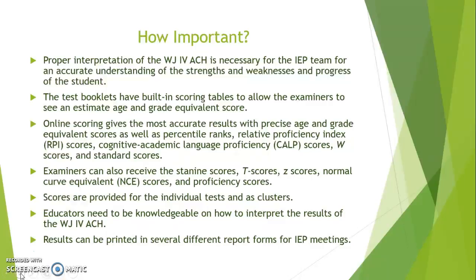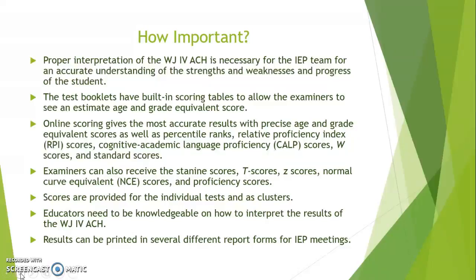Once the examiner inputs the scores, the scoring will have accurate results with precise age and grade equivalent scores, percentile ranking, and so forth. There are so many different ways that the information can be scored. Scores are provided for the individual tests and also as clusters.